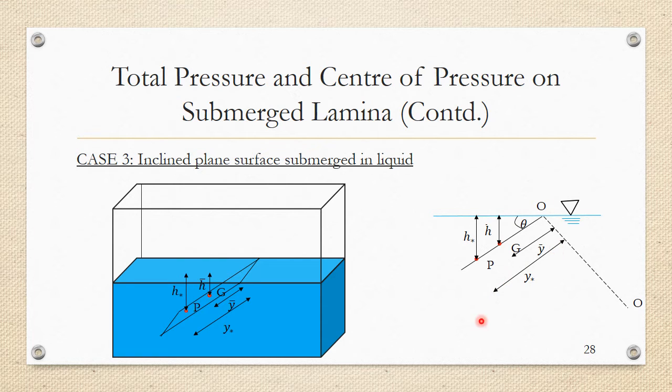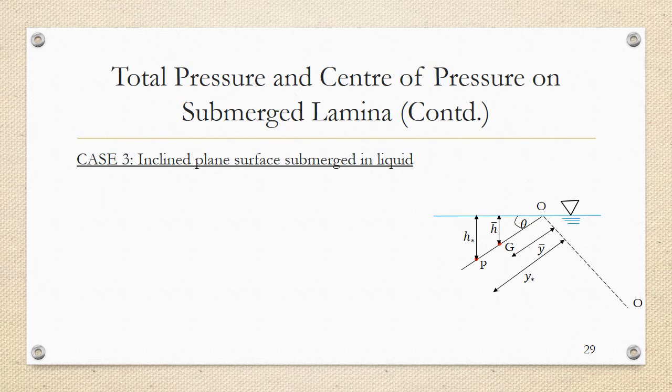So these are the things that you have to keep in mind. H bar is the vertical distance of center of gravity. H star is the vertical distance of the center of pressure from the free surface. Y bar and y star are the distances from the free surface to G and P along the plate. Now, from the figure, I'm going to make a deduction. This is the angle theta, and sine theta can be written as h bar divided by y bar.